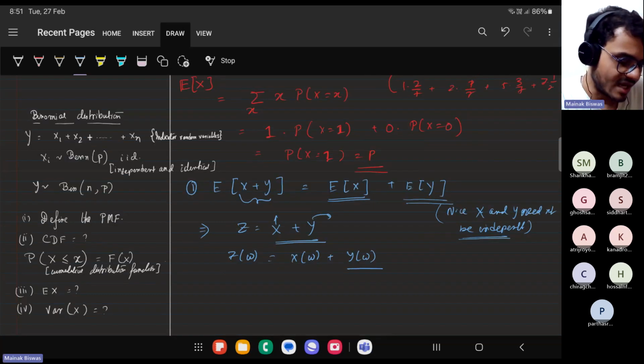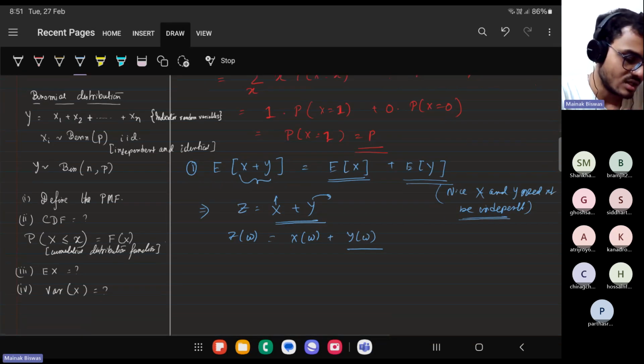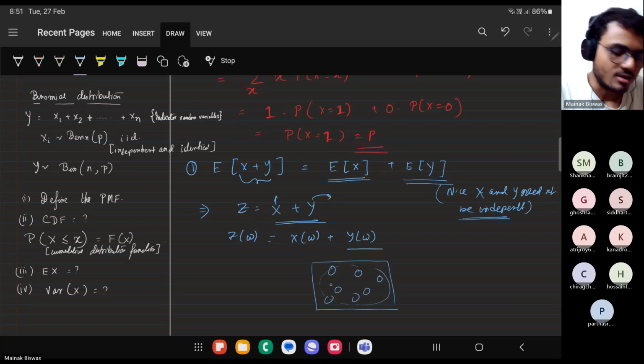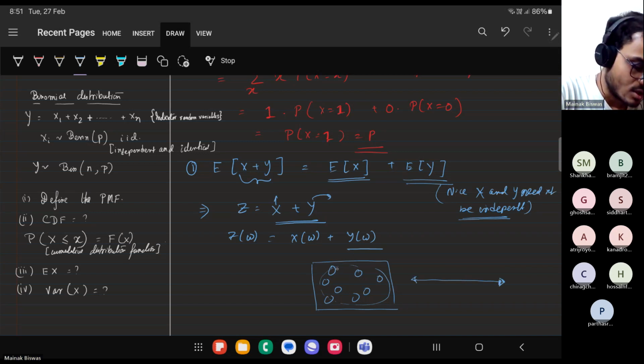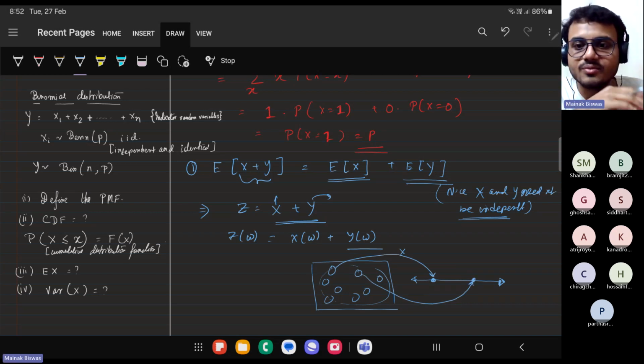So why is it not required to be independent? The idea is, you consider all these events, and you have numbers on this line. X maps an event to one of these numbers and Y maps it to one of these numbers, say another set.